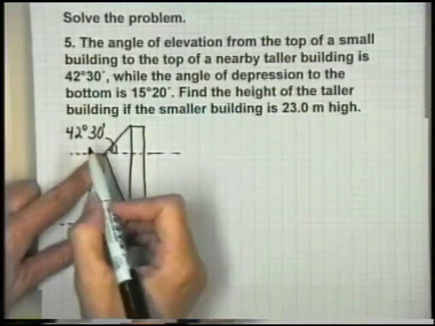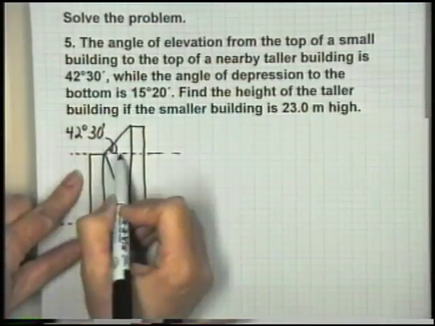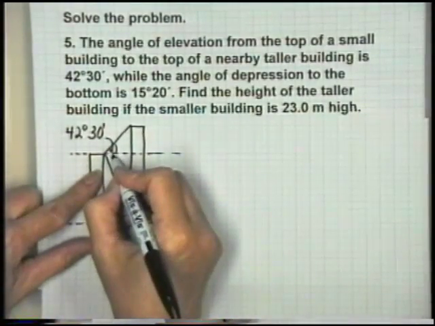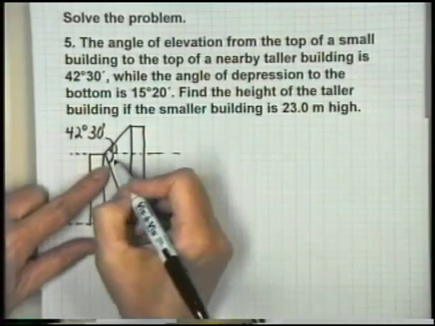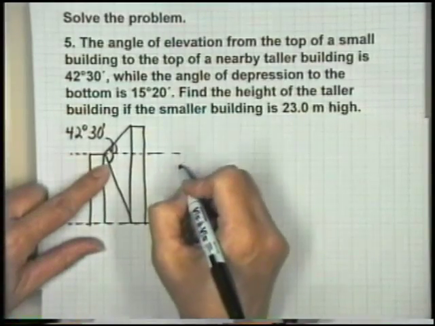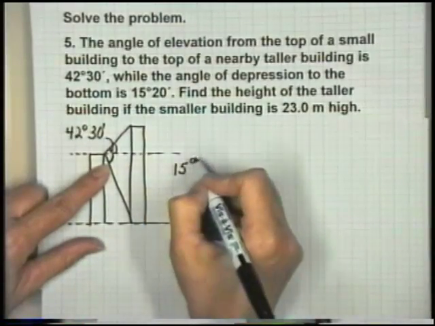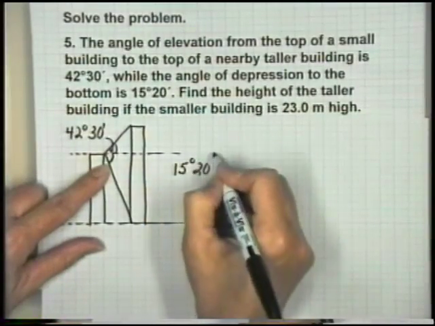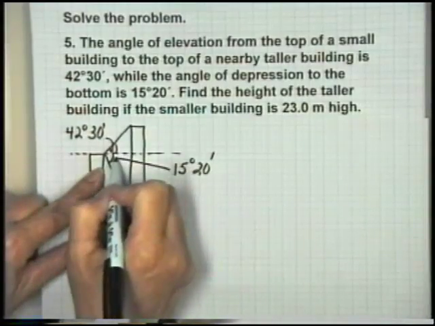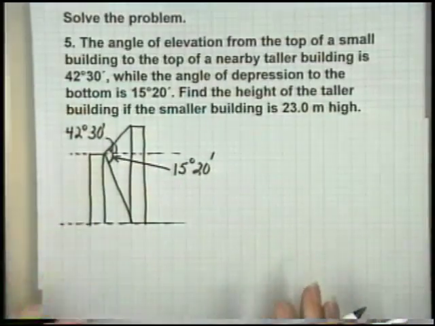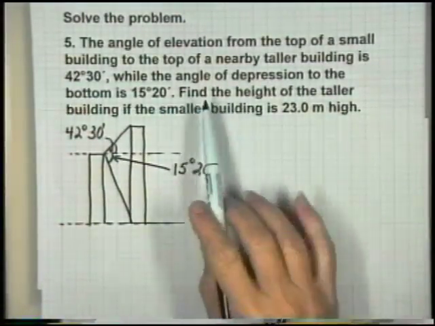And of course the angle of depression is between this line and the horizontal with this point up here. So we're talking about this angle right here. Maybe I'll label it over here. Have pretty many things to label, don't I? 15 degrees, 20 minutes, and I know we're talking about that angle right there.